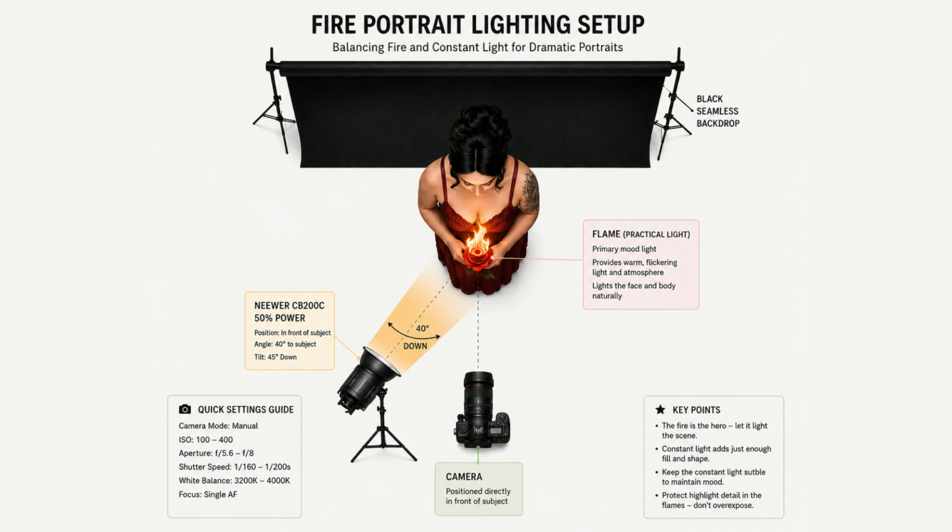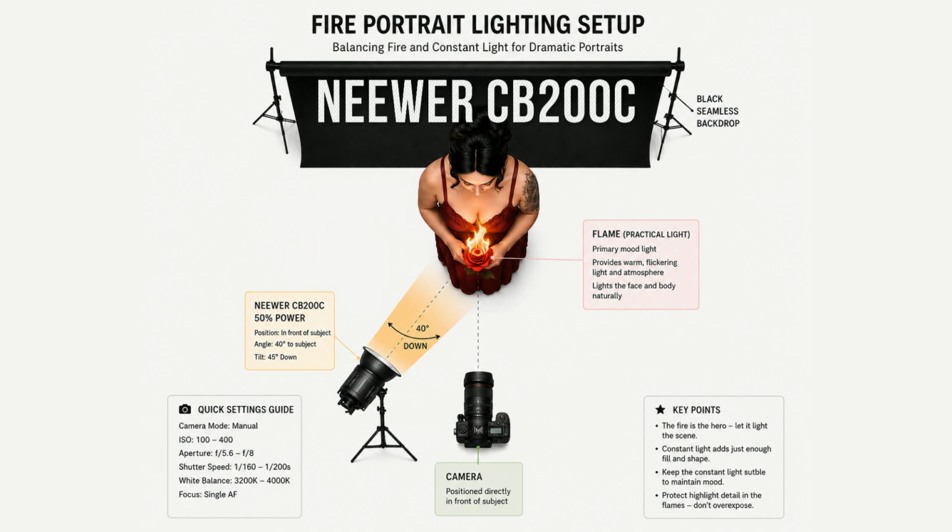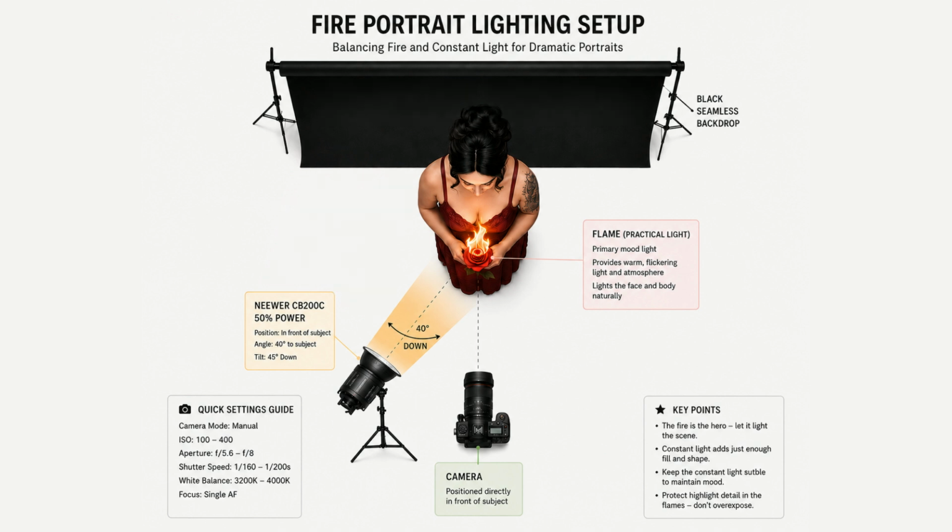Okay, so let's have a little look at my basic setup. I had a black background that was set behind my model. It was just black seamless paper. I had the newer CB200C on a light stand, but I was only using it at about 50% power.